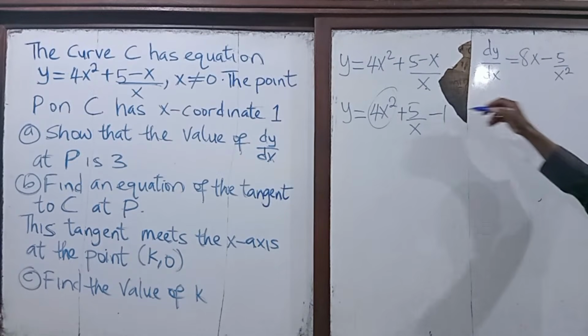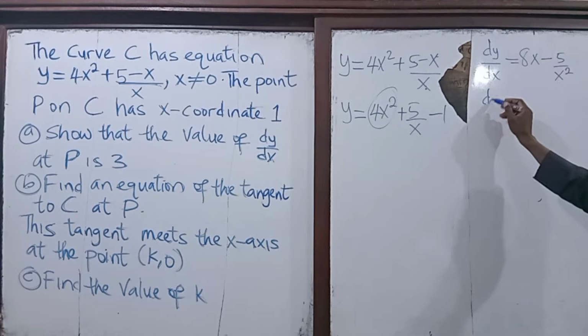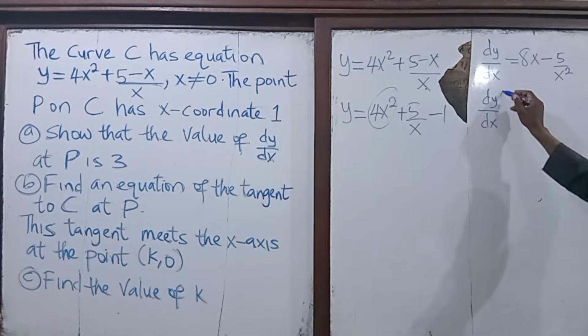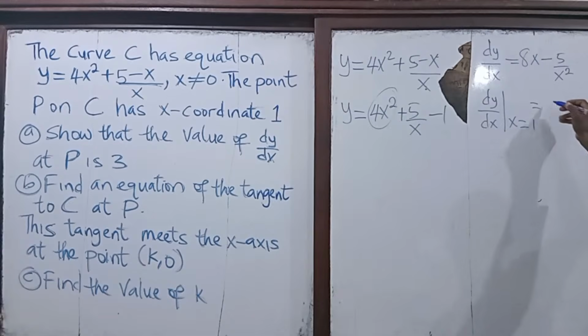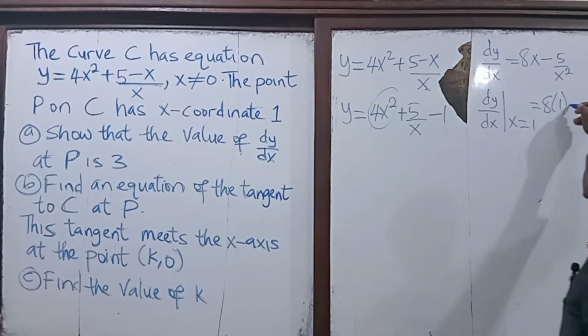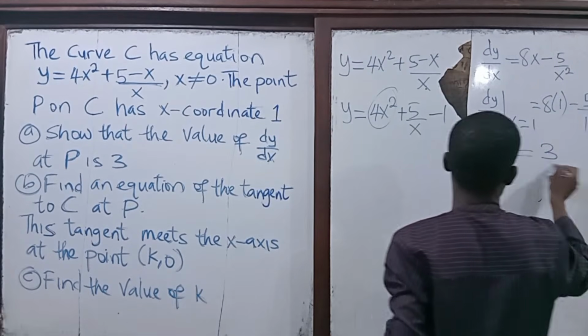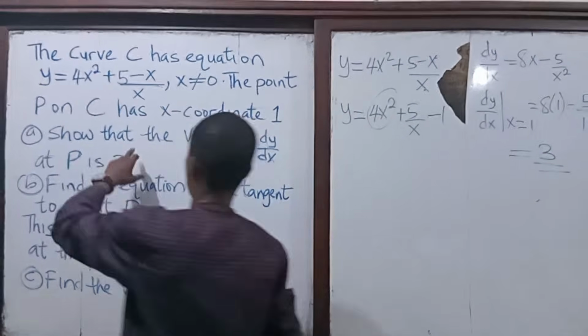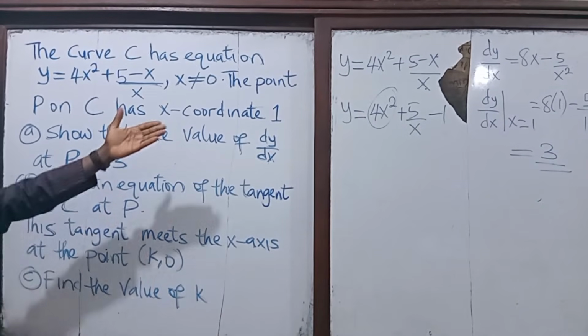If you differentiate 1, that will give you 0. So that's what we have for the derivative. Then we can get dy/dx at x equal to 1. Put it in this equation. That will be 8 times 1 minus 5 over 1 to the power 2, and that gives us 3. So we have shown that the value of dy/dx at point P is 3. So that one is done.